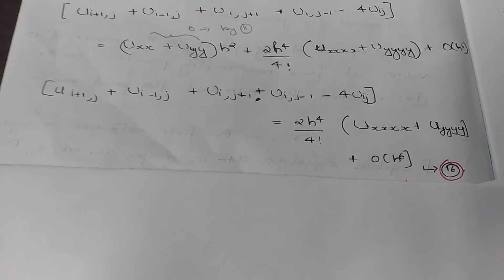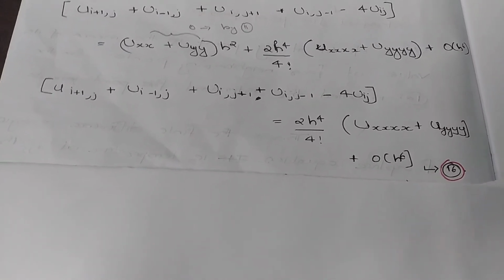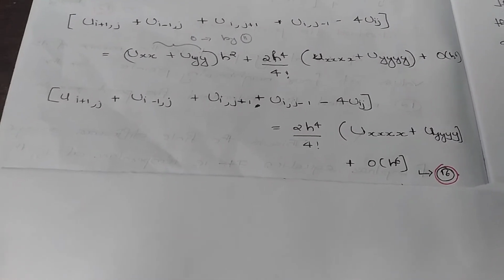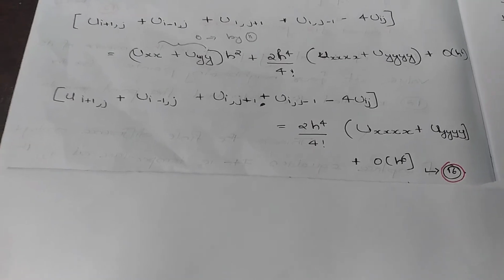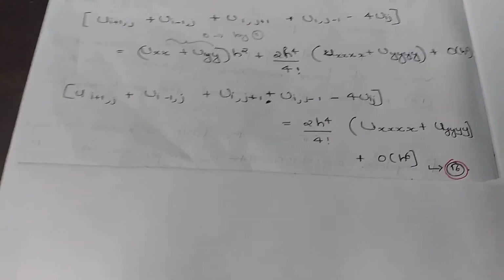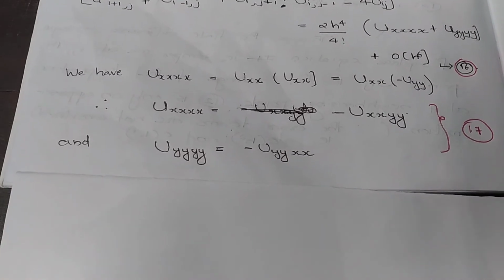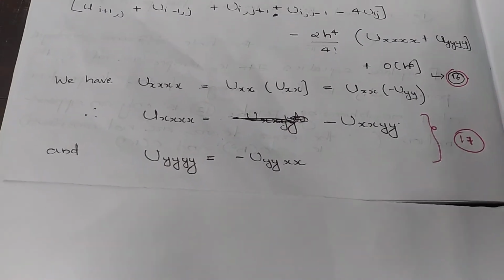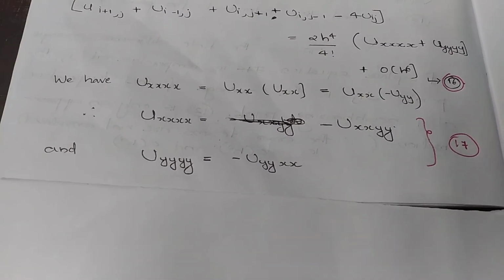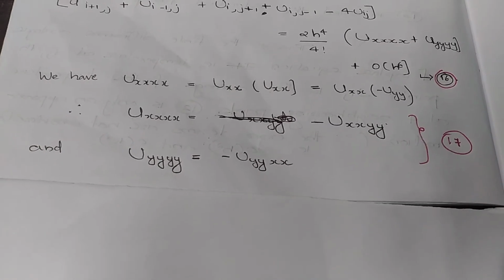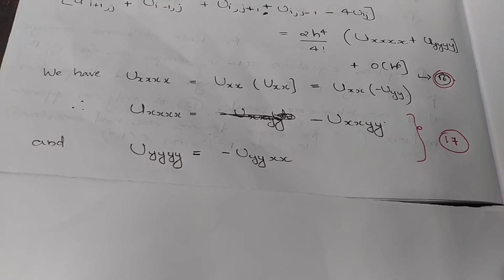We put it as equation number 16. Here we consider the fourth order partial derivative of u in terms of x and y. The fourth order derivative u_xxxx can be rewritten as u_xx times u_xx, and u_xx is minus u_yy, because u_xx plus u_yy is equal to 0 by the Laplace equation.